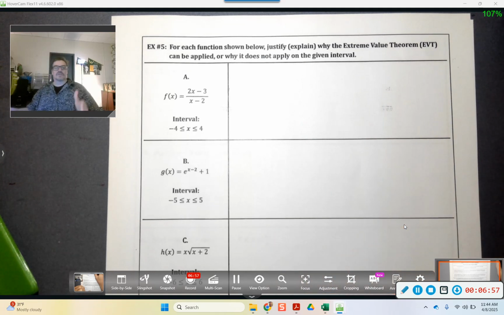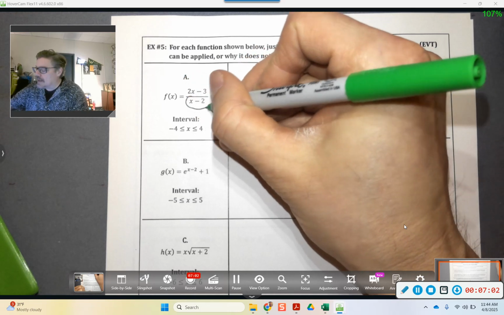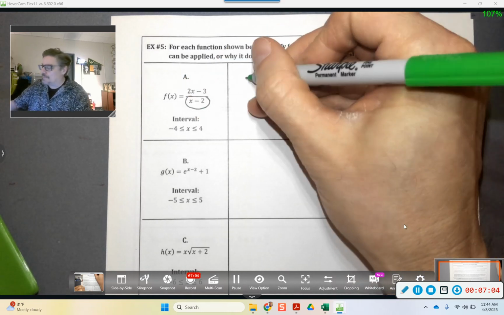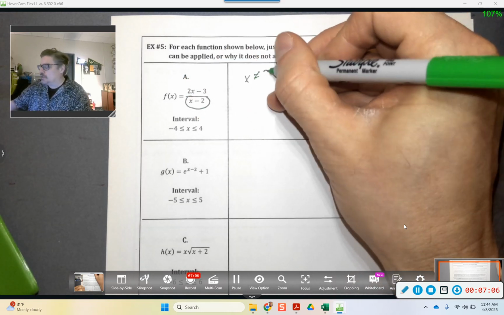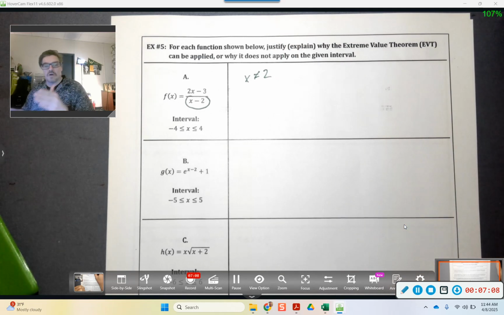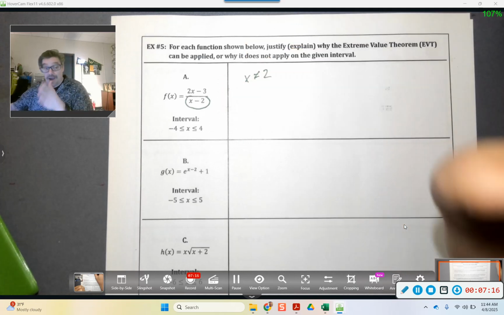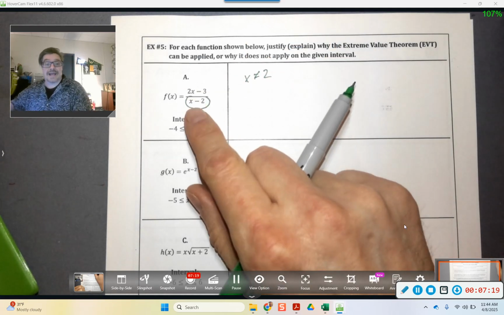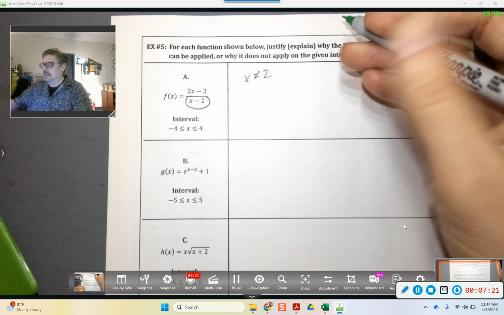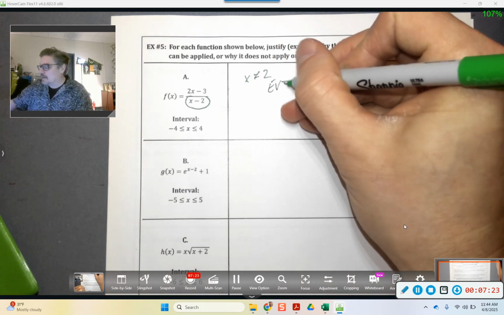Just looking at this one right here, I hope you recognize that x cannot equal 2. Is 2 part of our closed interval? The answer is yes. It means that we're actually going to have an asymptote. Now, we don't have the graph, but we know that x cannot equal 2 in this case. And so EVT does not apply.